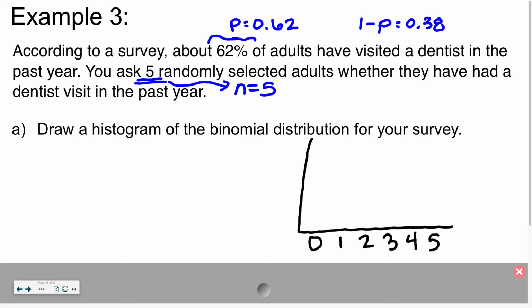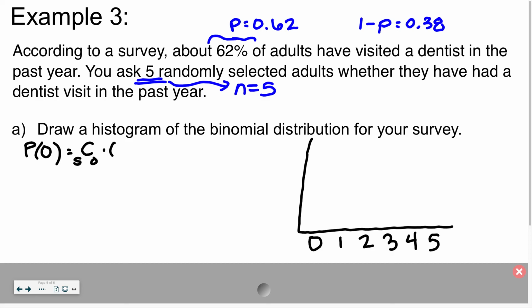So I have to calculate the probability for each and every one of those numbers of successes. I'm going to leave myself a little bit of space over here. I'm going to do the probability that 0 people went to the dentist, so P of 0. That would be a combination of 5 choose 0, my total trials choose my successes.